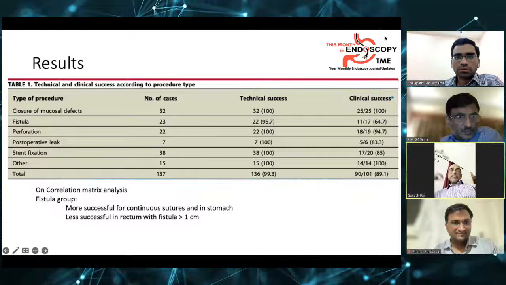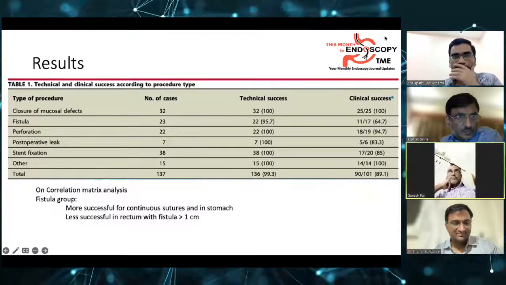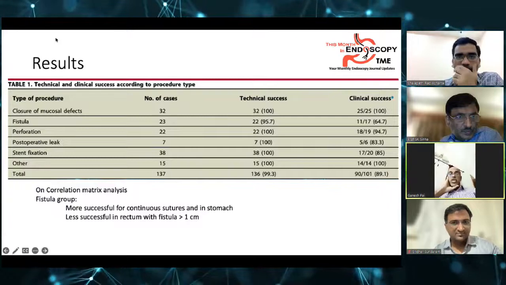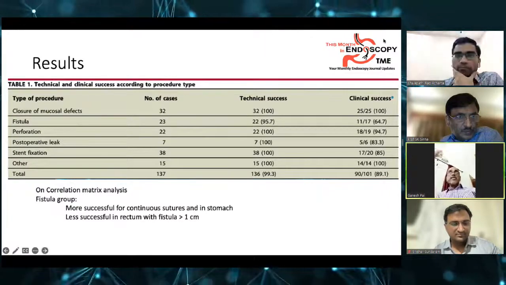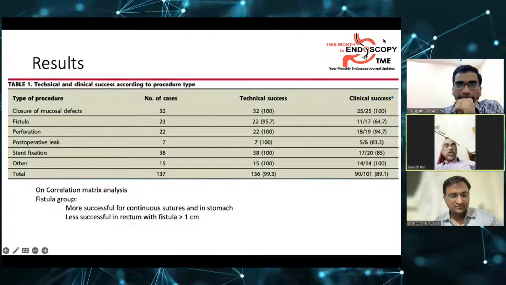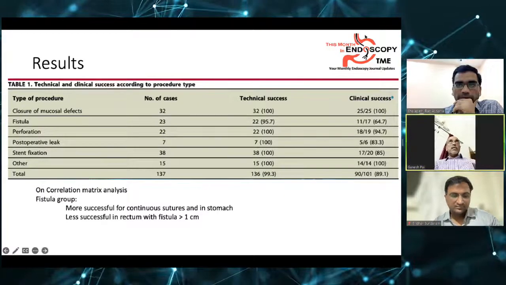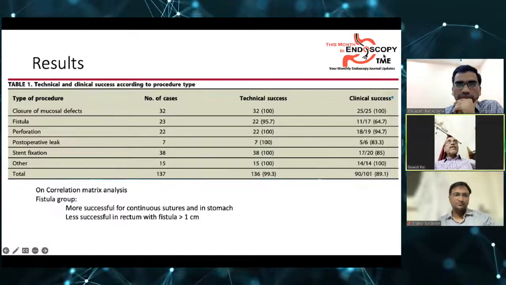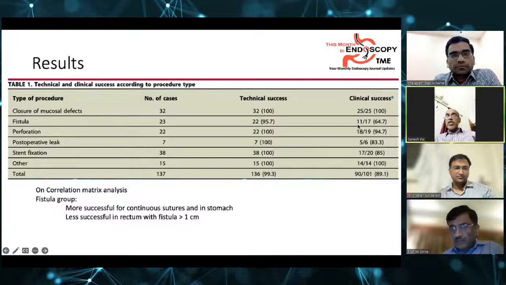Personally, to me, this is a very early descriptive study, by which I mean it just gives us a long list of procedures the authors have done. These are very preliminary data, and they give us an idea about what is to come.